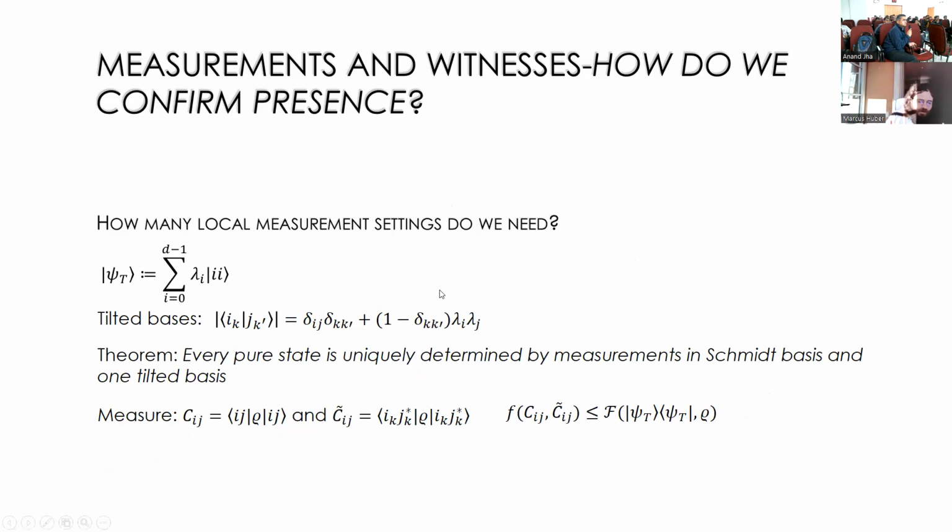Mutually unbiased would mean all of the overlaps are 1 over D, but the tilted basis is anything where you slowly tilt, and it depends on the target state. If the target state is maximally entangled, then the tilted basis is the mutually unbiased basis. But if the target state is not fully entangled, then the tilted basis is basically a rotation somewhere between the Schmidt basis and the mutually unbiased basis, but you stop along the way, so you don't fully rotate there.